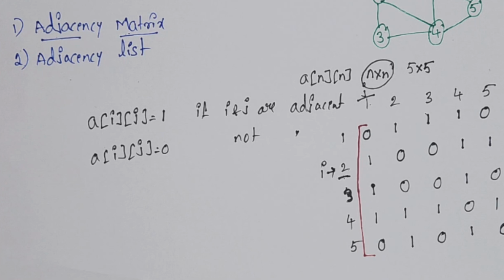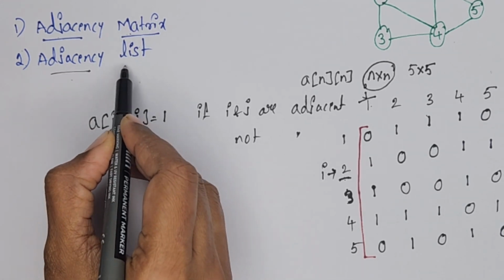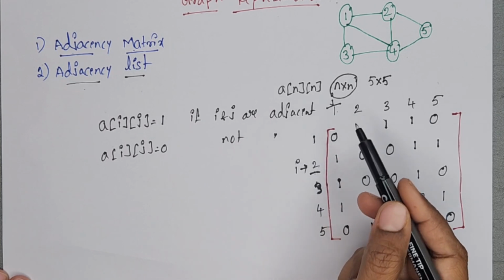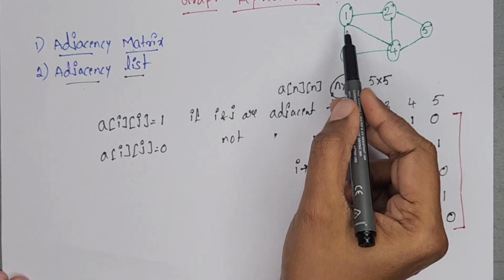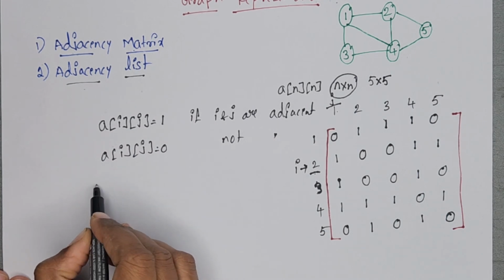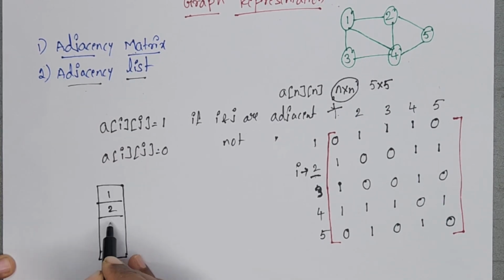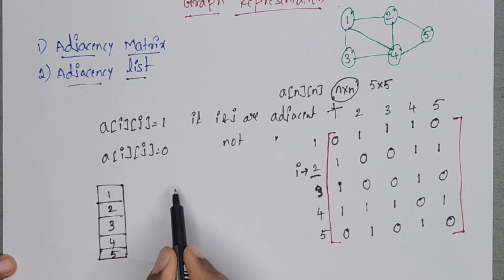And one more, it is adjacency list. In adjacency list, we have to create a linked list. With the help of linked list, we can represent this graph. Here the total number of vertices are 5: 1, 2, 3, 4 and 5. For every vertex, we have to create a linked list.